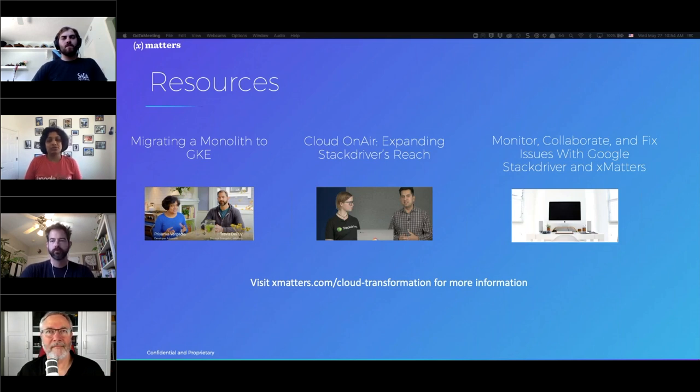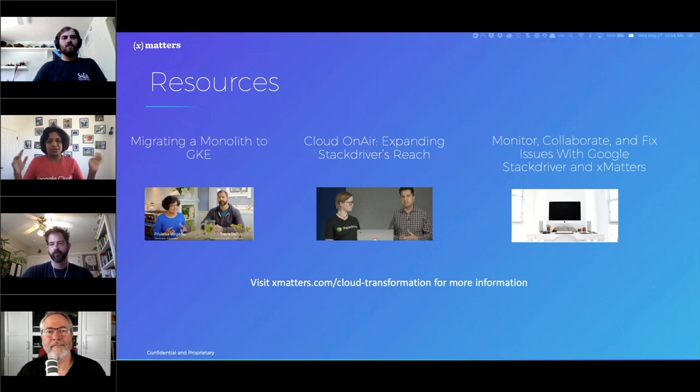So might be worth checking that out. And there's also a solution paper. If you just look for migrate monolith to microservices Google Cloud Solutions, that should pop up as the first thing. So between those four or five resources, you should get a pretty good idea of where to start.